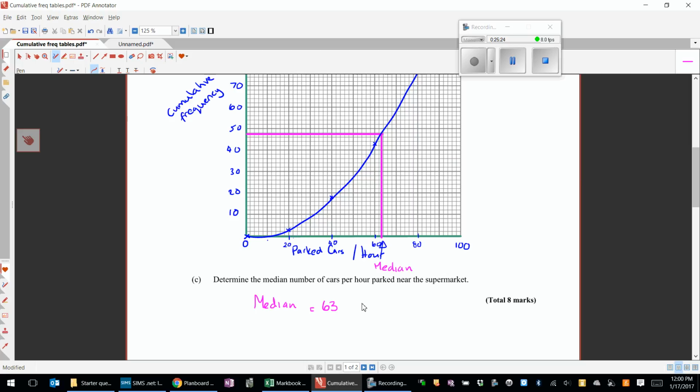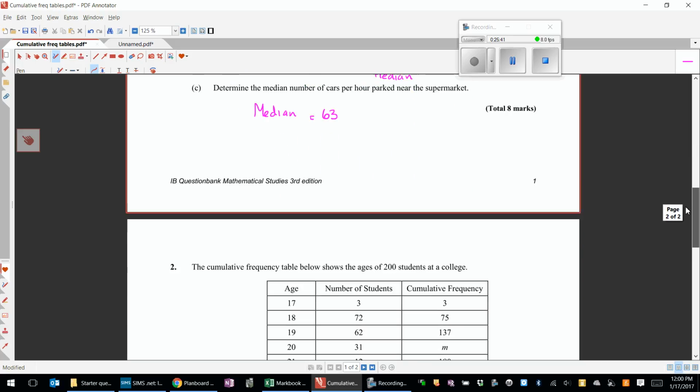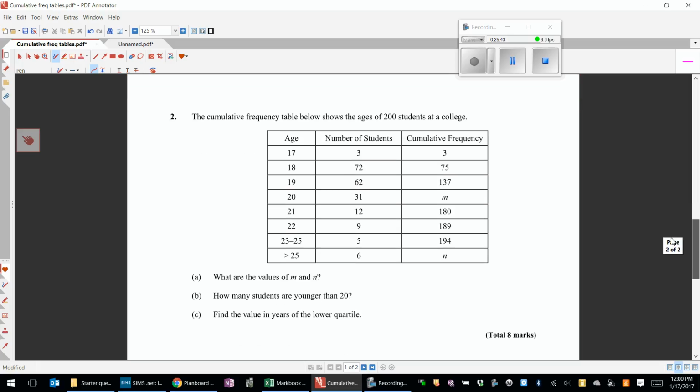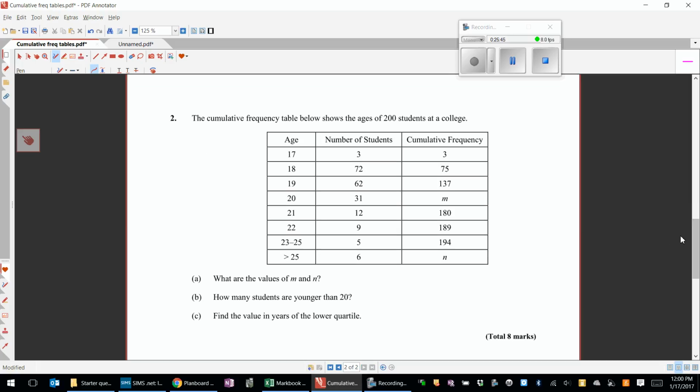Well, now, because of the line, because of the curve we've drawn, we can now estimate it. So this is an estimated median. All right? Okay. So I'll let you get on with the next one yourself.